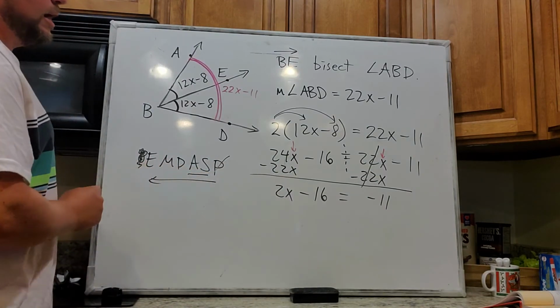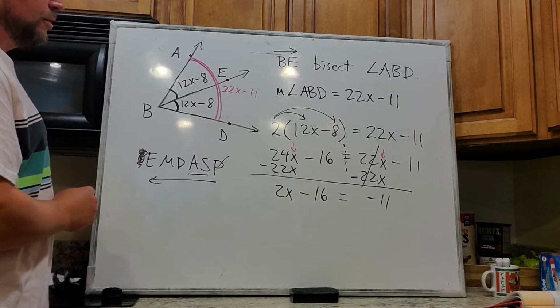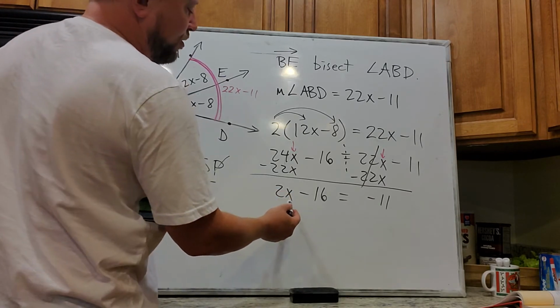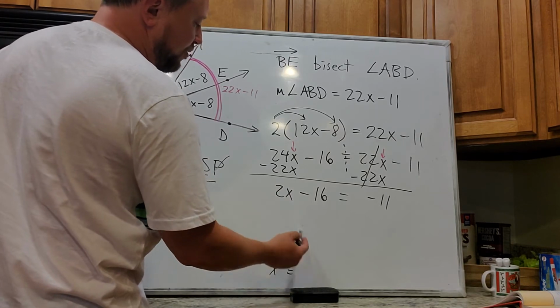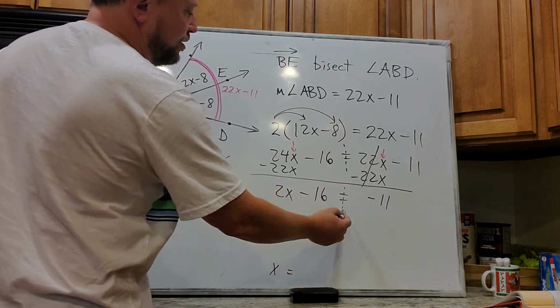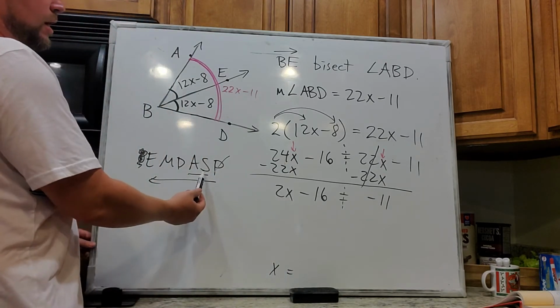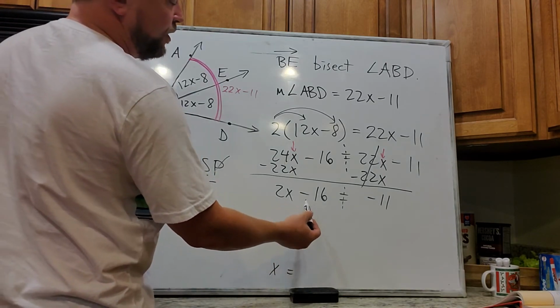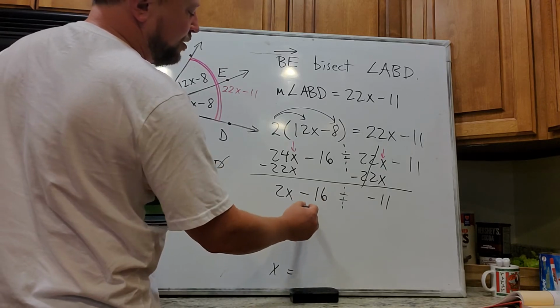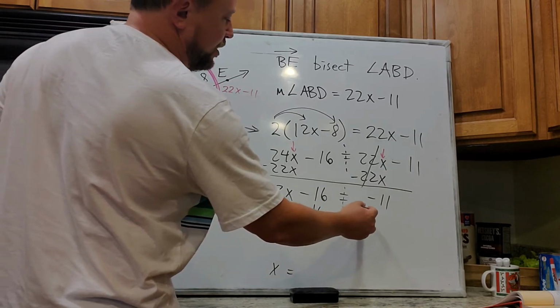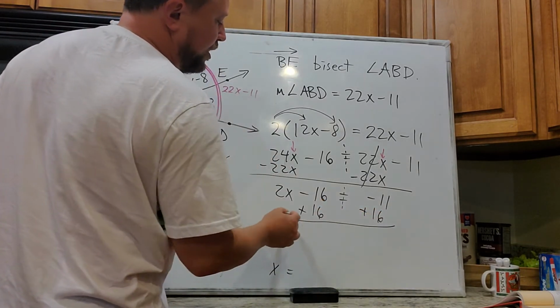At this point, we just keep following the steps. I don't want to do any adding or subtracting still here. If I want to get the x by itself on this side of the equation, I've got the 2 and the 16. To undo the minus 16, I'm going to put a plus 16. Whatever I do to one side, I have to do to the other.